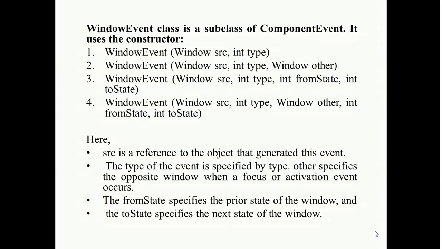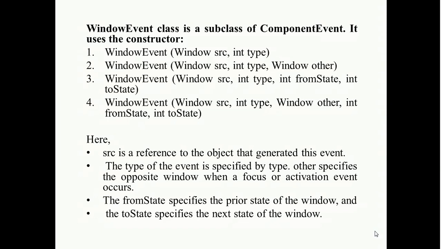Third constructor is WindowEvent having four parameters: Window source, int type, int fromState and int toState. And the fourth constructor is WindowEvent having parameters Window source, int type, Window other, int fromState and int toState. These four are the constructors of the WindowEvent.